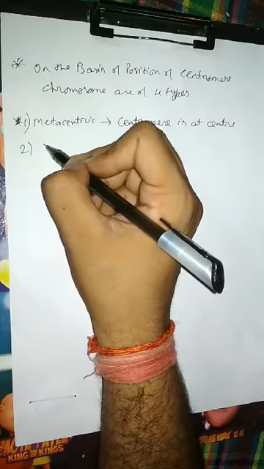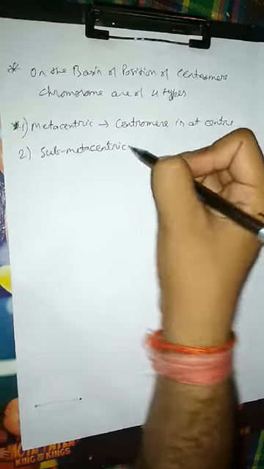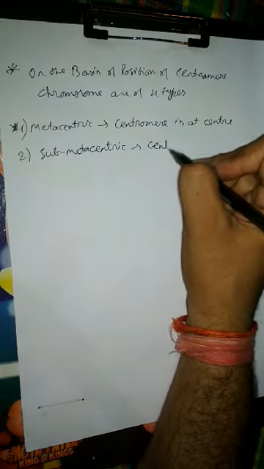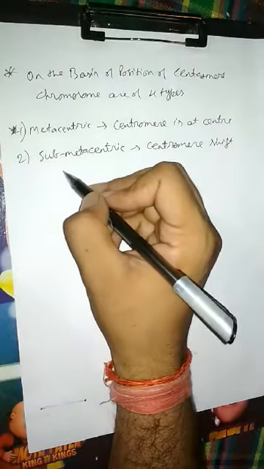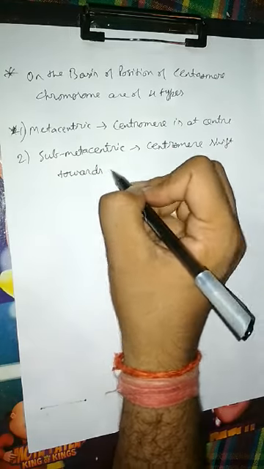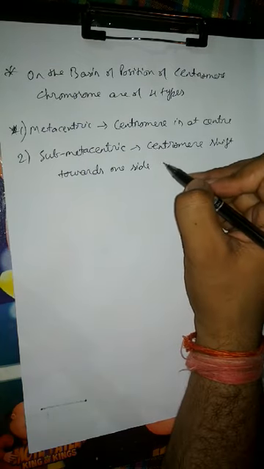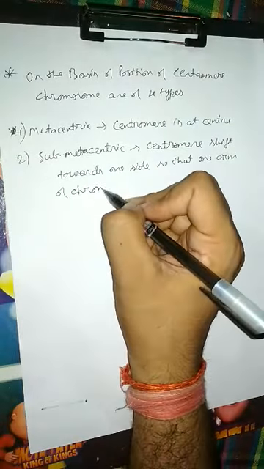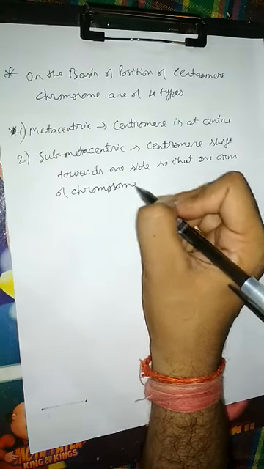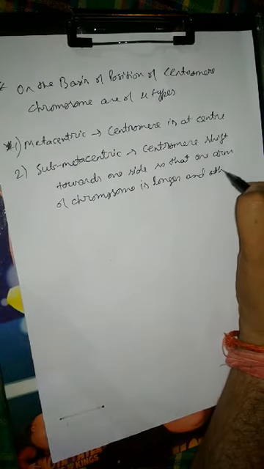The second one is submetacentric. So the centromere shifts towards one side, so that one arm of the chromosome is longer and the other is shorter.